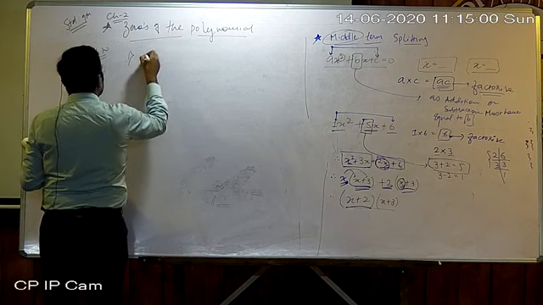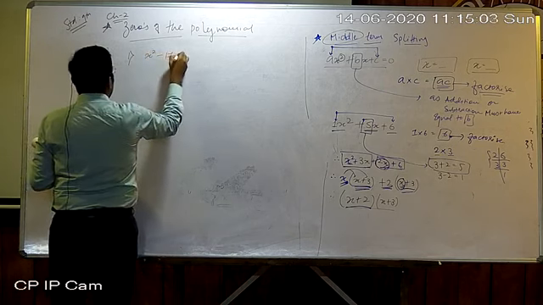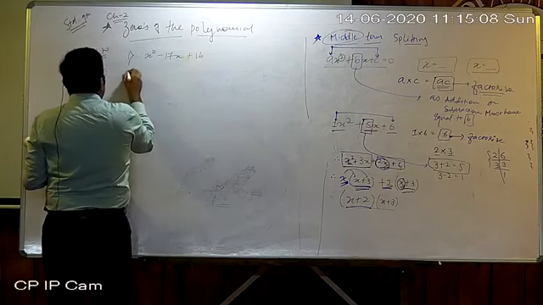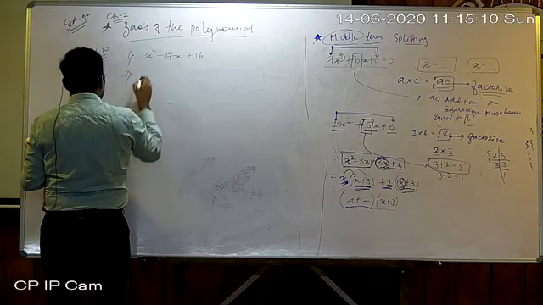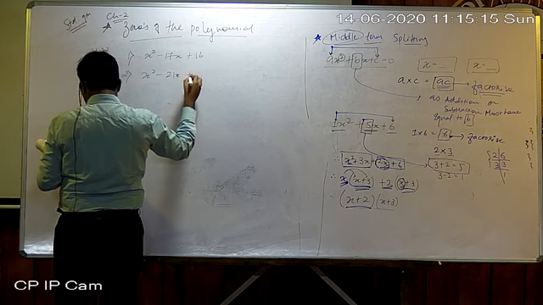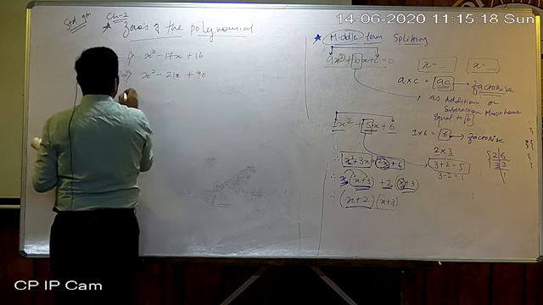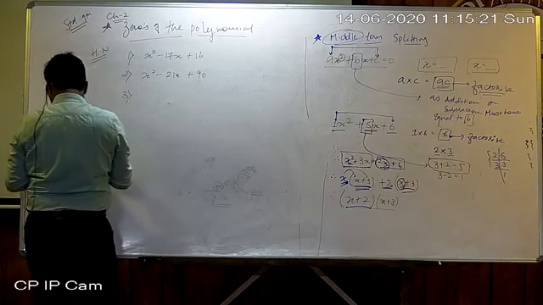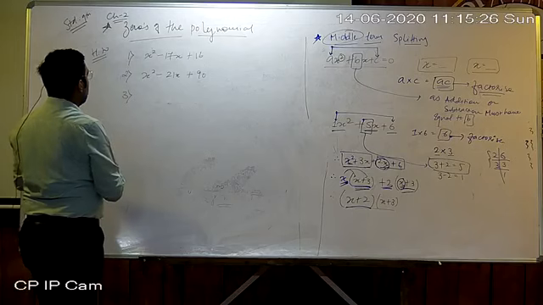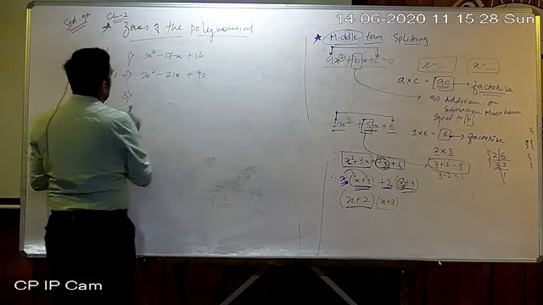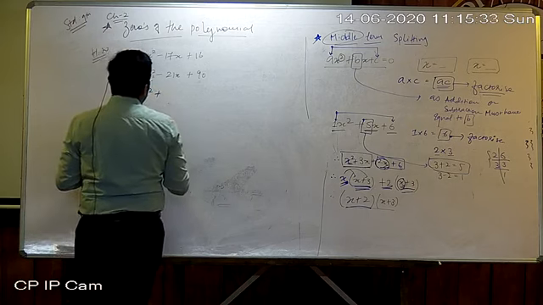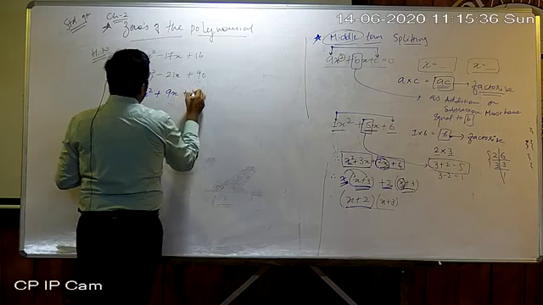First is x square minus 17x plus 16. Second is x square minus 21x plus 90. Third one is x square plus 9x plus 18.